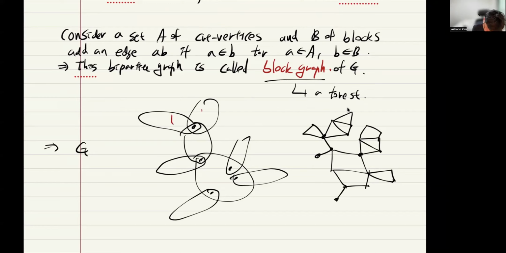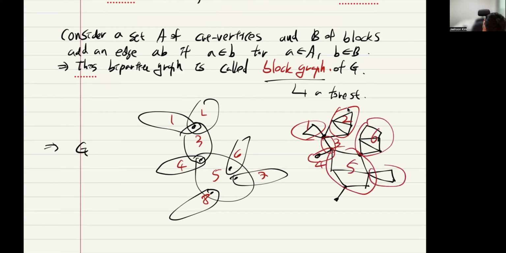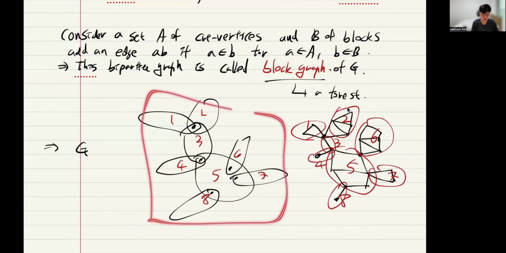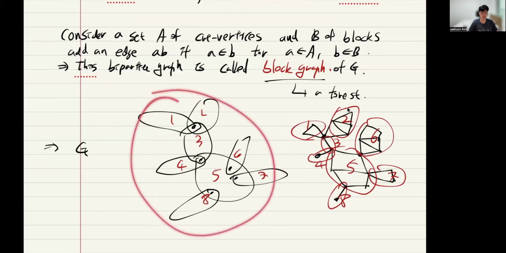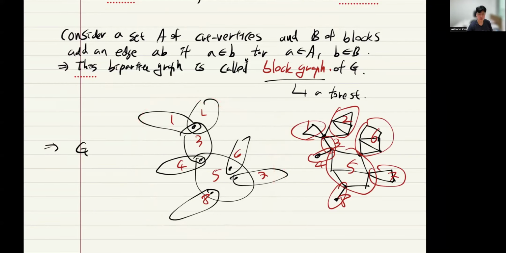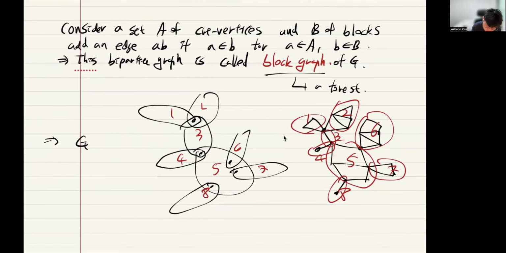So this provides that G looks this way. What you have is a bunch of blocks, and then they are concatenated in a tree-like manner or forest-like manner.